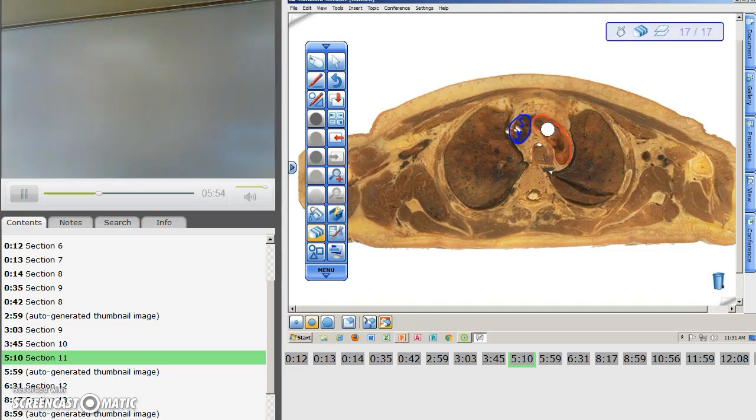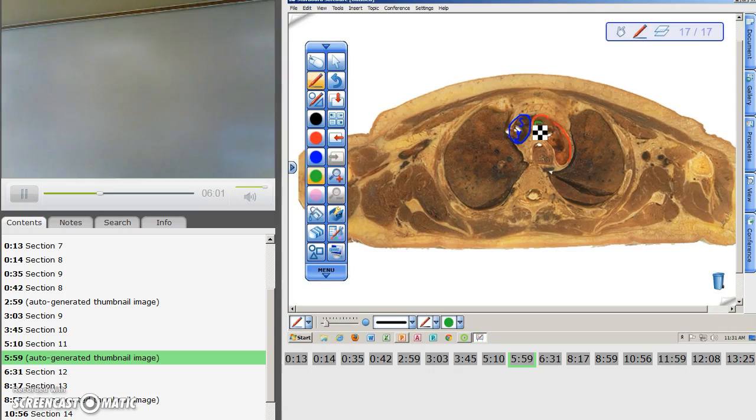Inside this aortic arch, we can see some vessels. All right, we've got the brachiocephalic artery that came off the arch. We've got the left common carotid artery. And we have the left subclavian artery. So they're always in that sequence. From right to left, it's brachiocephalic, left common carotid artery, left subclavian artery.